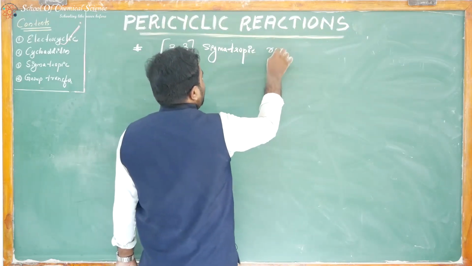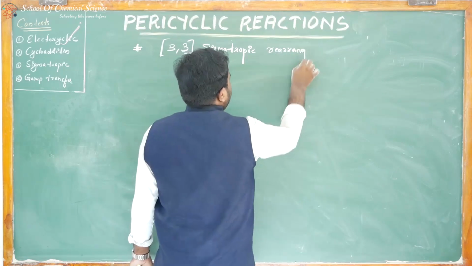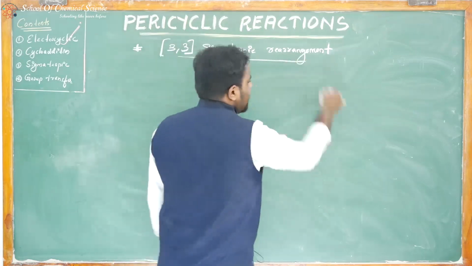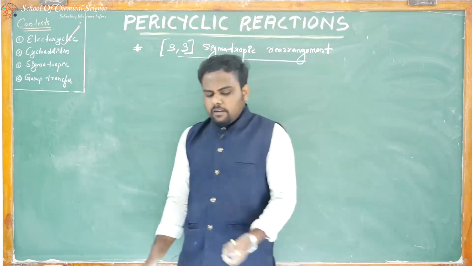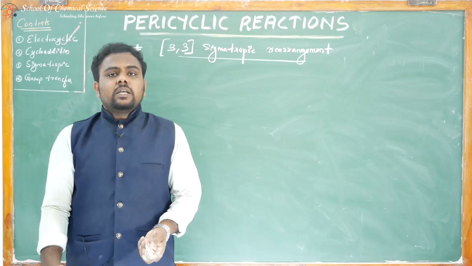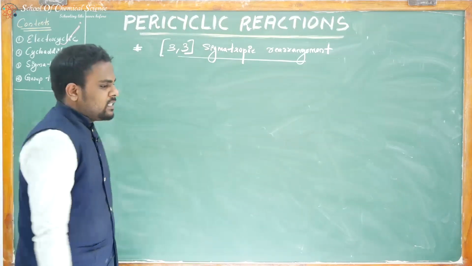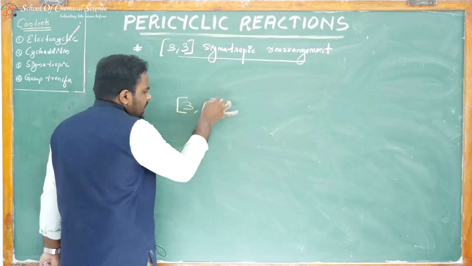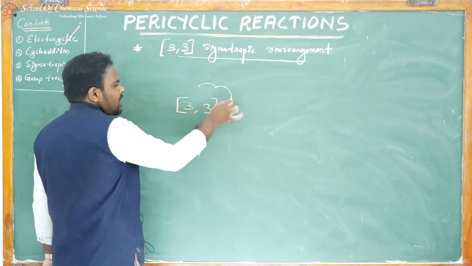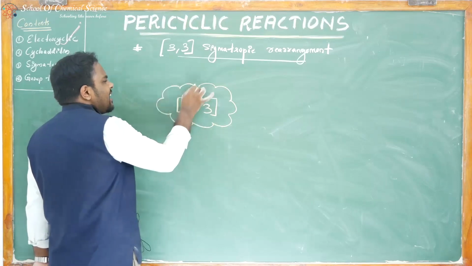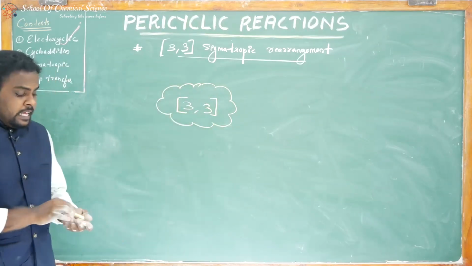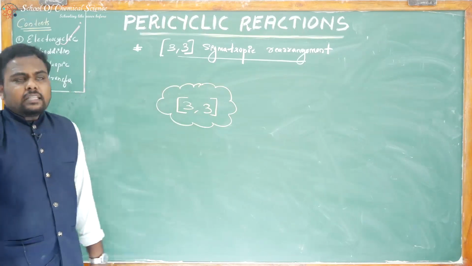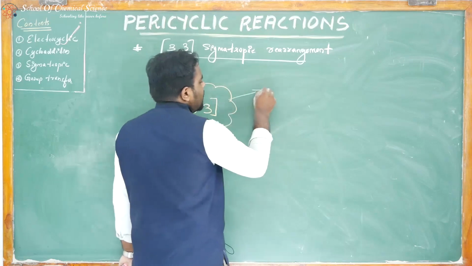The 3,3 sigmatropic rearrangement is the most important sigmatropic rearrangement. Please listen. This 3,3 sigmatropic rearrangement is most important for any higher chemistry related competitive exam. Two typical examples of 3,3 sigmatropic rearrangement.